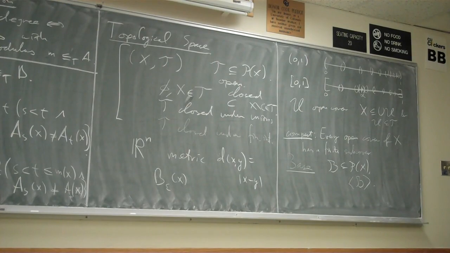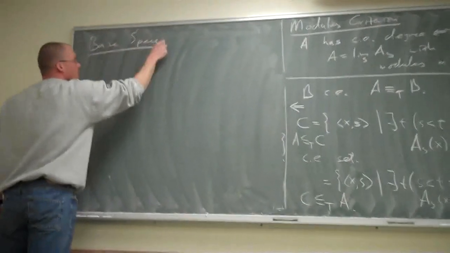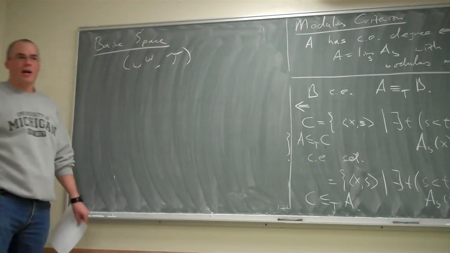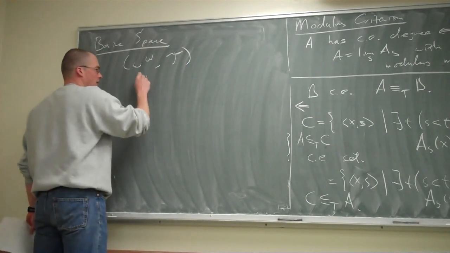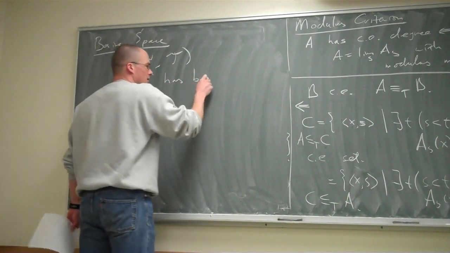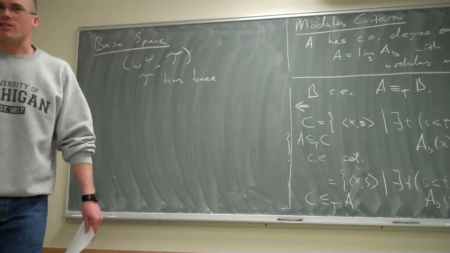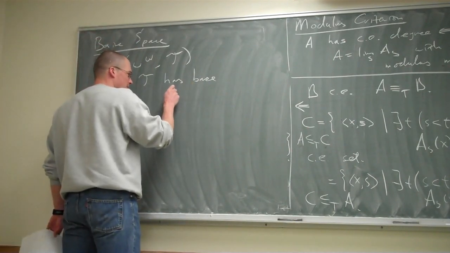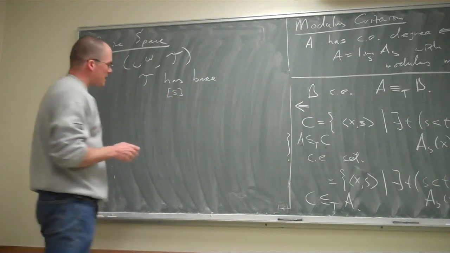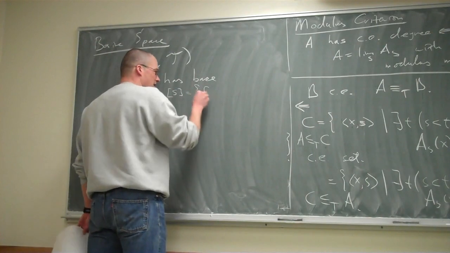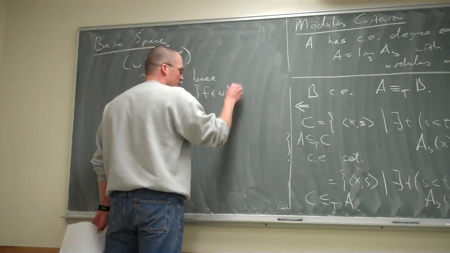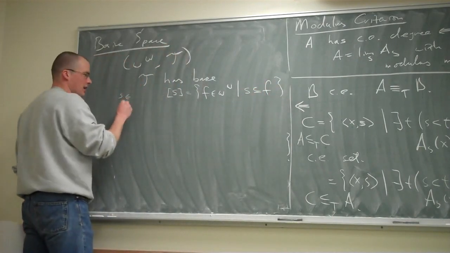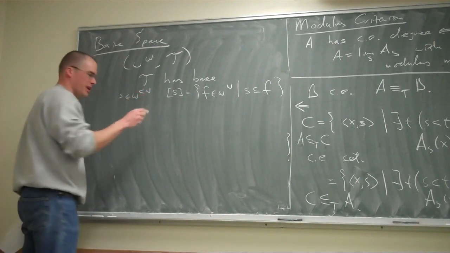On the one hand, Baire space, omega to the omega, with the topology T. I'm very carefully not saying which the open sets are in Baire space because it's complicated, but it has a base consisting of the sets [S], which is the set of all those F in omega to the omega, such that S is a subset of F, and here S is in omega to the less than omega.